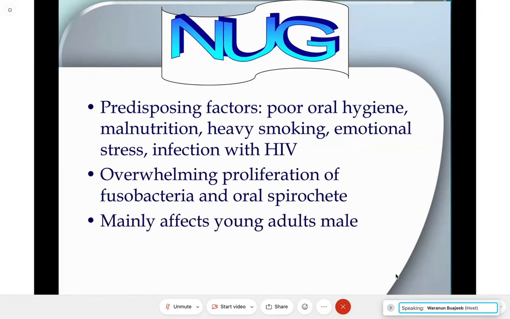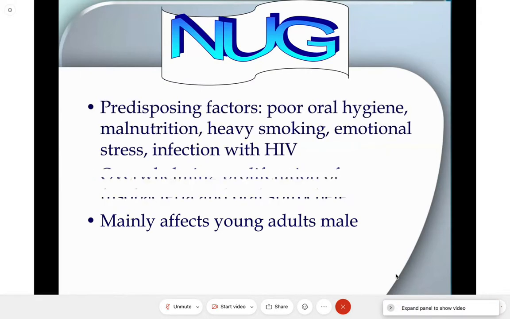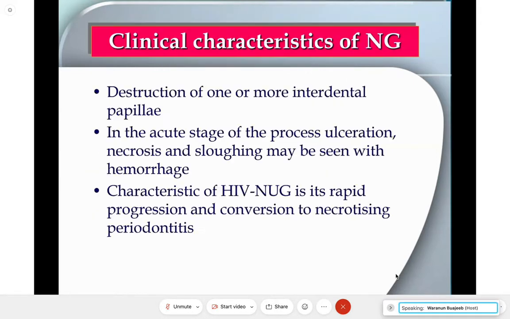Normally, NUG affects adult males. The destruction, like crater formation at the interdental papilla, is the characteristic of necrotizing ulcerative gingivitis.